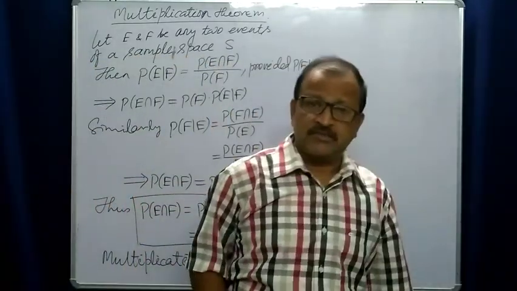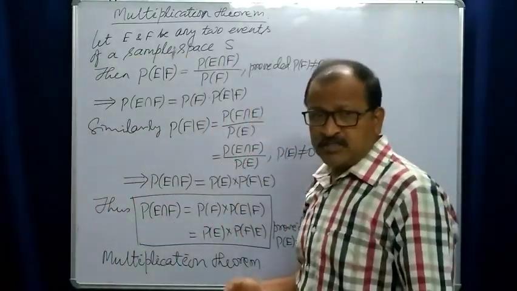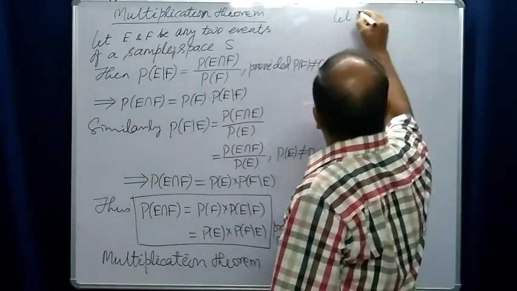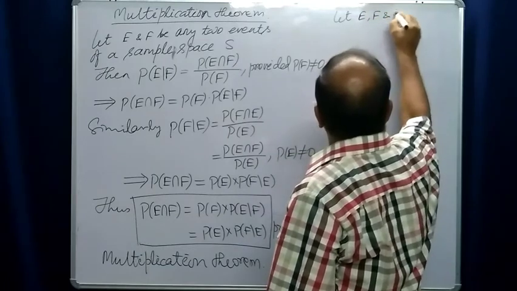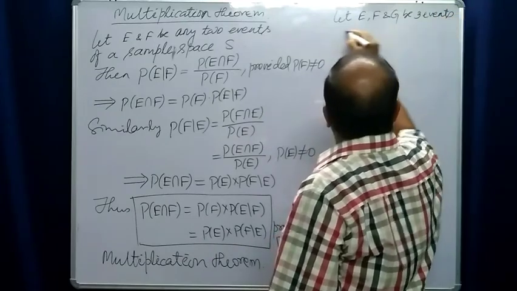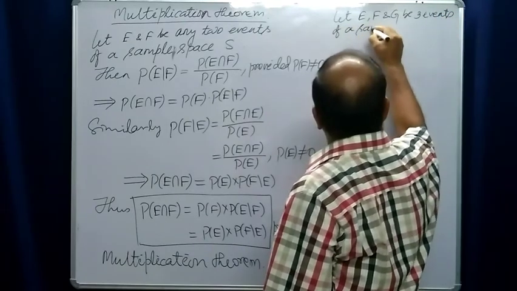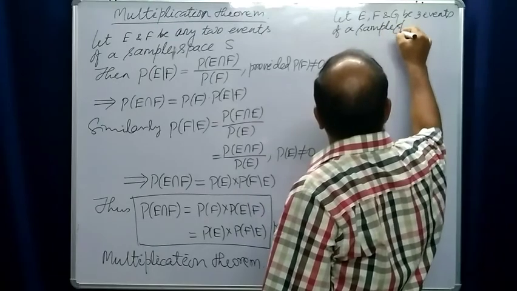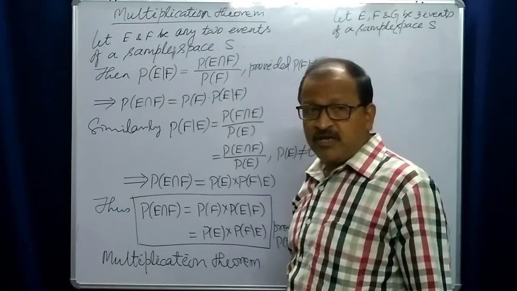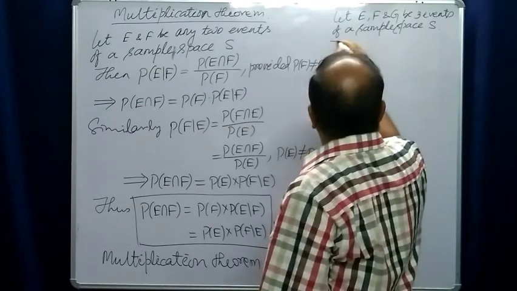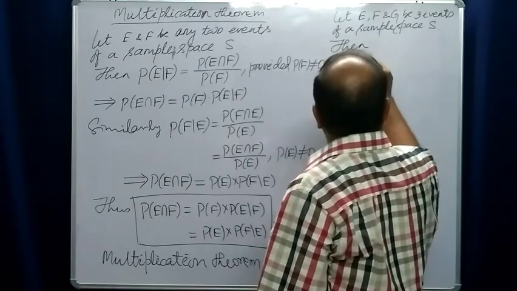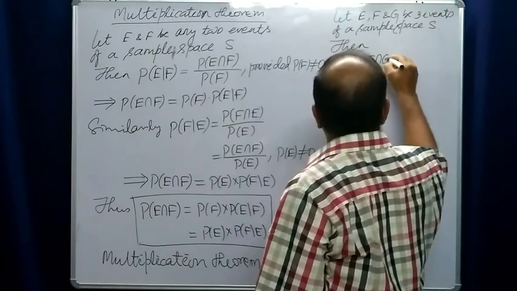Now let us take three sets. Let E, F and G be three events of a sample space S. So what will be probability of E intersection F intersection G?